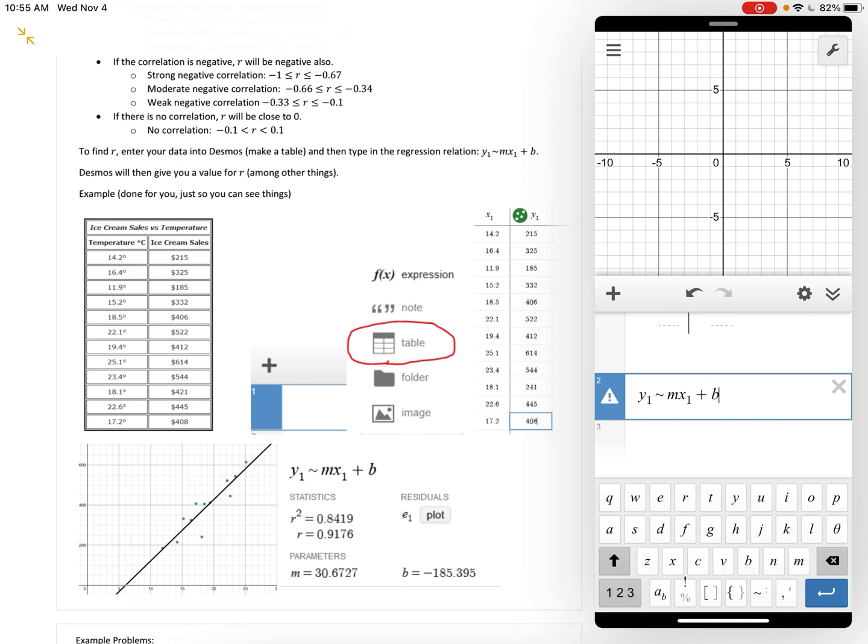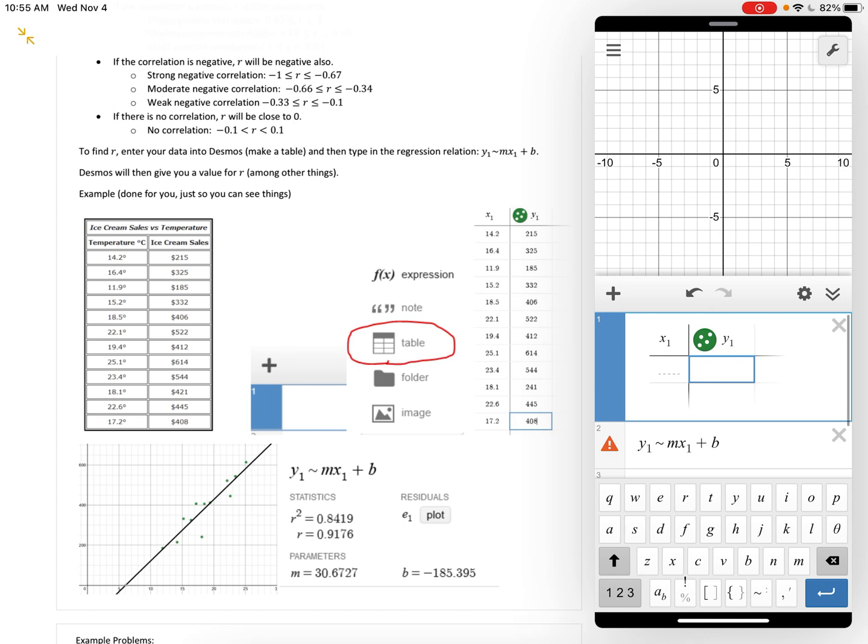It won't do anything for us right now, but if you have a table with numbers in it, it'll pop up all these things like r squared, r, m, e1, and b. Eventually, we'll care about m and b, but for today, all we're going to focus on is r, not r squared, just regular r. So that'll be how you find an r value.